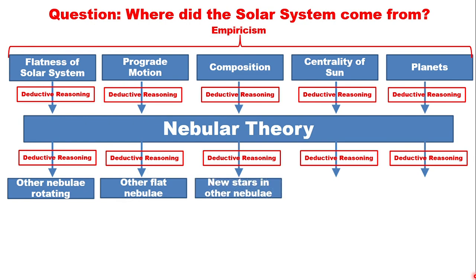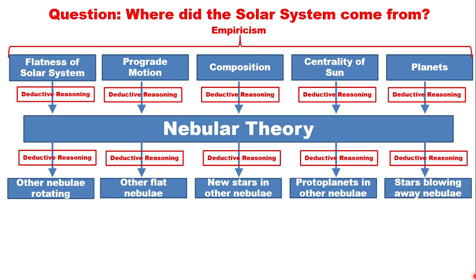A third one would be that we should observe new stars, protostars, forming in other nebulae. A fourth logical prediction is that we should observe protoplanets in the protoplanetary disks of other nebulae. And a fifth one was that we should observe stars blowing away their nebulae, newborn stars.